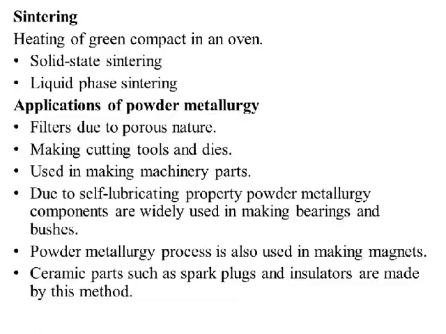Sintering can take place by two methods. One is solid state sintering, and the next one is liquid phase sintering. In solid state sintering, the powder does not melt. The powders that are mixed for preparing the powder metallurgy part do not melt, but they join.